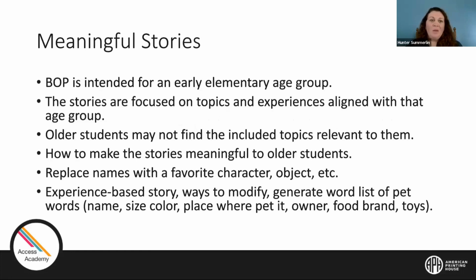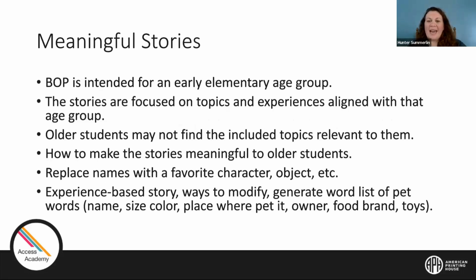Okay. Part of the challenge, not really a challenge, but part of an opportunity for Bob, is that it's intended for an early elementary age group. So the stories are focused on topics and experiences aligned with that age group. Hence the title, My Pug Pub. Older students may not find those topics as relevant to them.